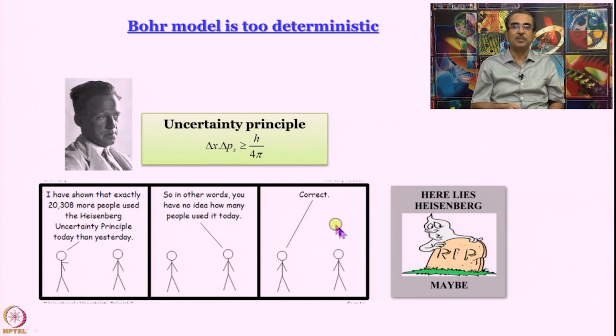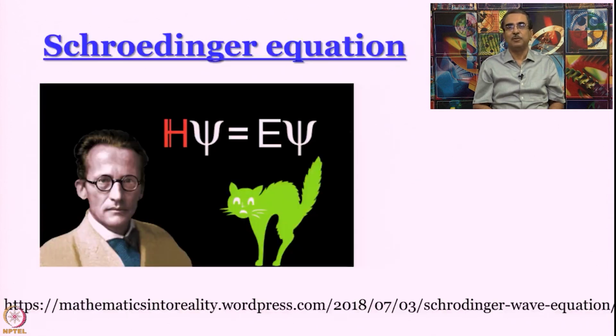So, this kind of cartoons and all came up, but the biggest problem is that uncertainty principle says that you cannot really continue with this nice logic that we have of the classical world. You cannot take it too deep into the atomic world. So, Bohr model has to be discarded, you have to look for something else, and this something else was provided by Schrodinger in his famous equation. This is what we will discuss in the next module.